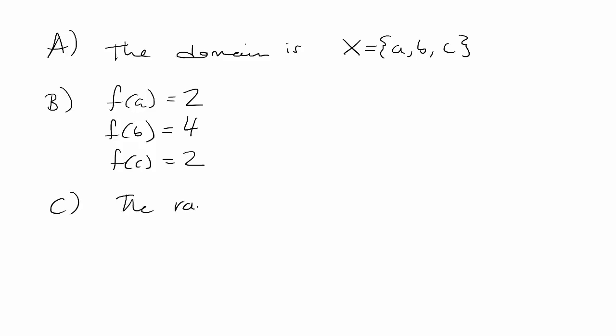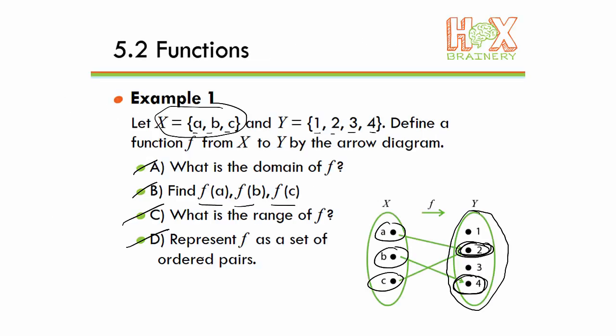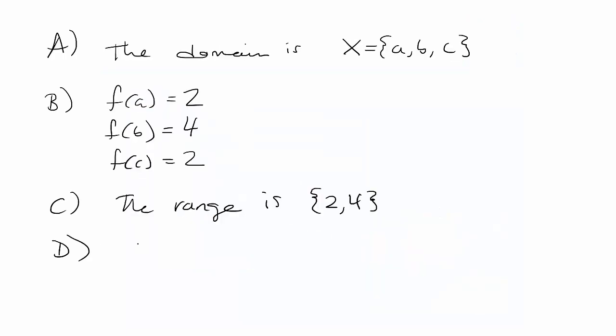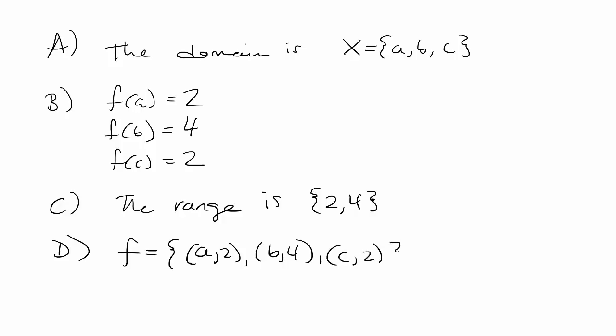So the range is the set containing 2 and 4. And then for d, represent f as a set of ordered pairs. So a goes to 2, b to 4, c to 2. So f as a set of ordered pairs is (a, 2), (b, 4), and (c, 2).